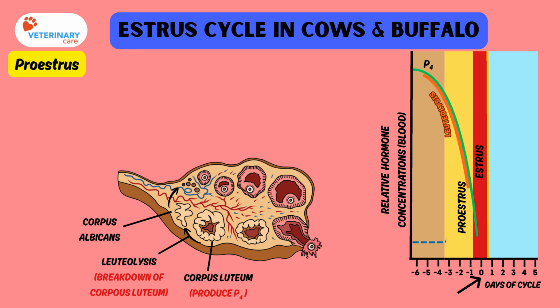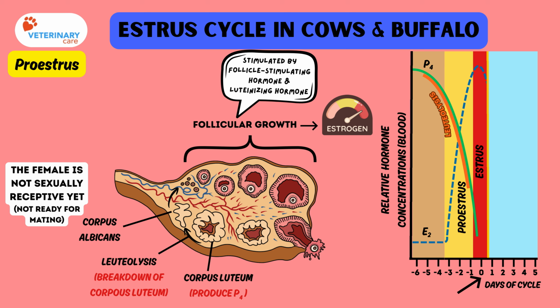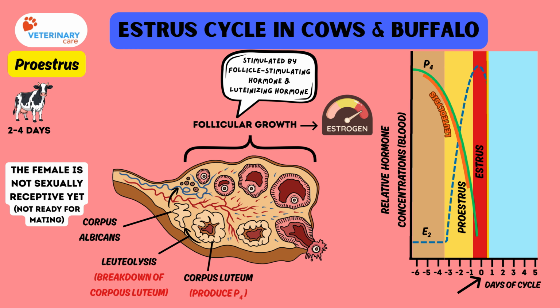Follicle-stimulating hormone, FSH, and luteinizing hormone, LH, stimulate follicular growth, causing developing follicles to secrete increasing amounts of estradiol. The female is not sexually receptive yet. On the graph, progesterone declines while estradiol gradually rises. This stage lasts 2 to 4 days in cows and may be 2 to 3 days in buffalo, but signs are less distinct.